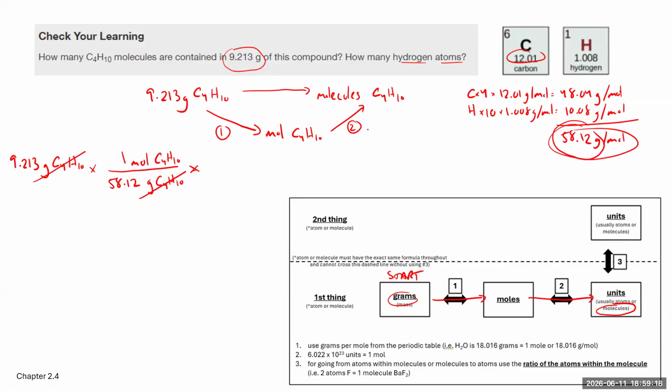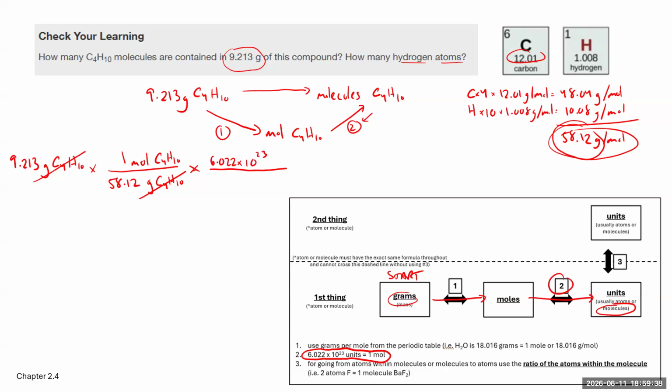So next we have to do conversion 2. Here, we're going to use this conversion rate. So what goes on the bottom? 1 mole. So it's going to be 6.022 times 10 to the 23rd.